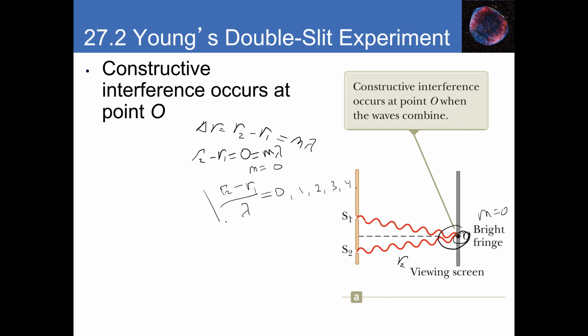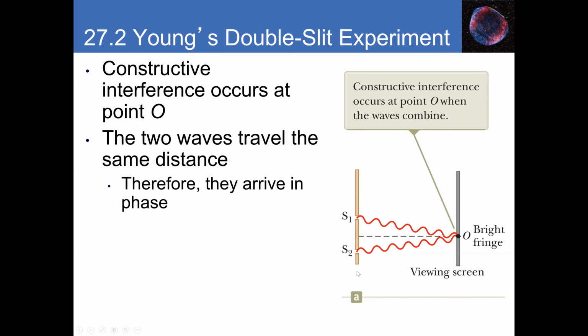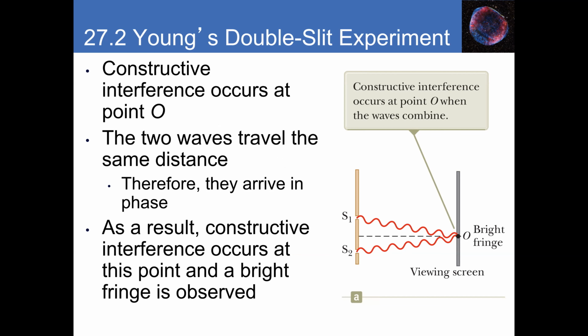This tells me whether it's constructive interference or not. So those two waves travel the same distance, arrive in phase, and as a result there's constructive interference.